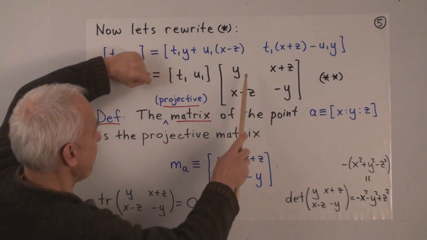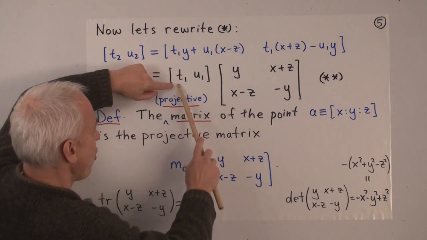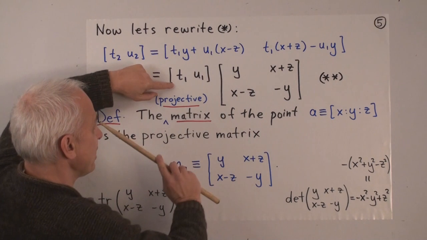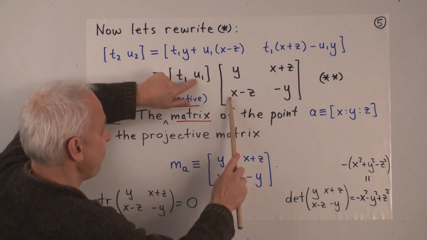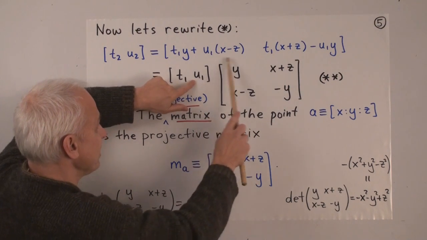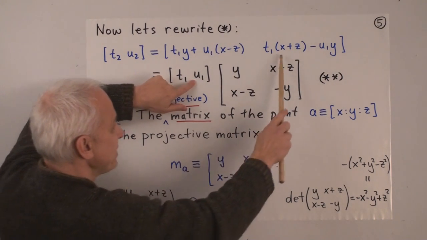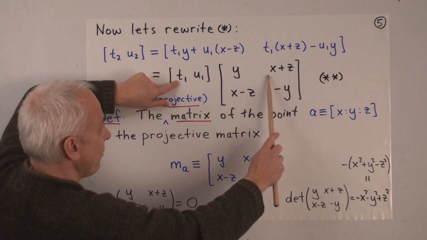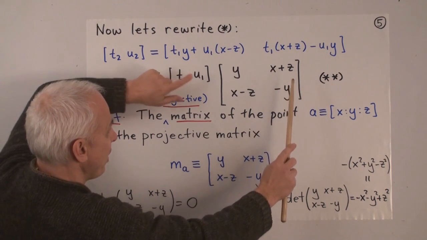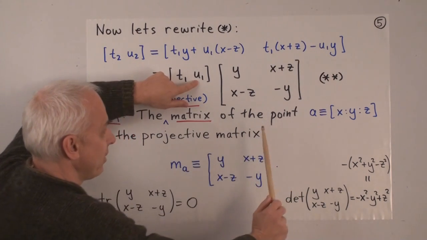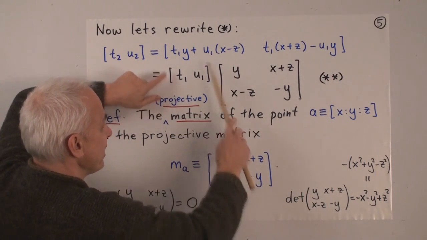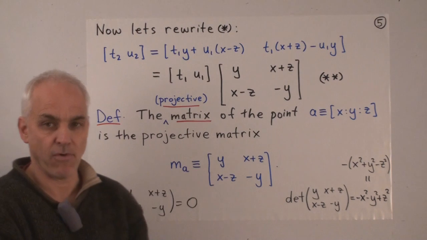Okay, how do we multiply these two things? We multiply that row by that column to get the first entry: T1 times Y plus U1 times X minus Z. That's exactly that. And the second entry is T1 times X plus Z plus U1 times minus Y, or minus U1Y. So this equation exactly encodes what we did before.